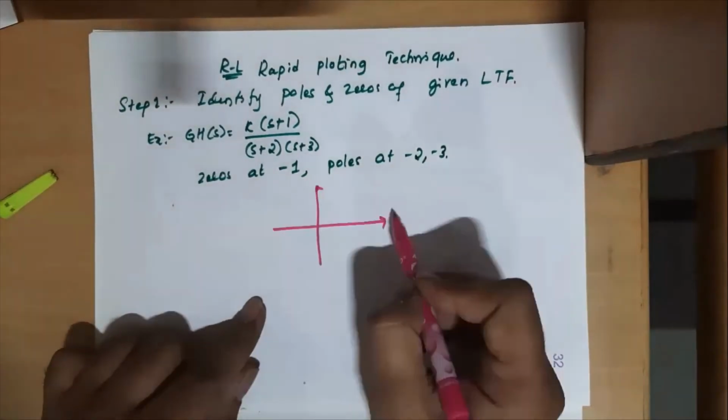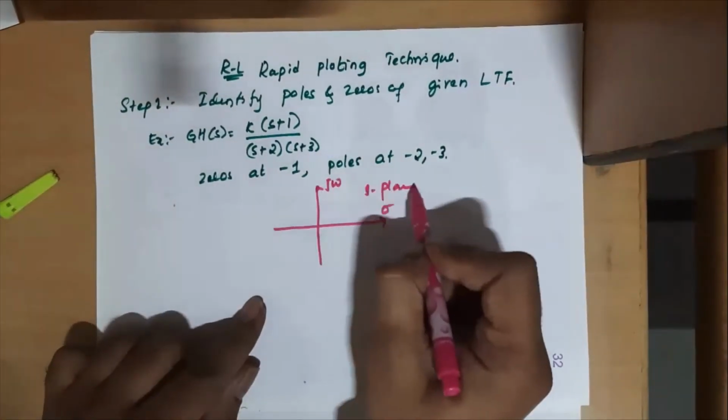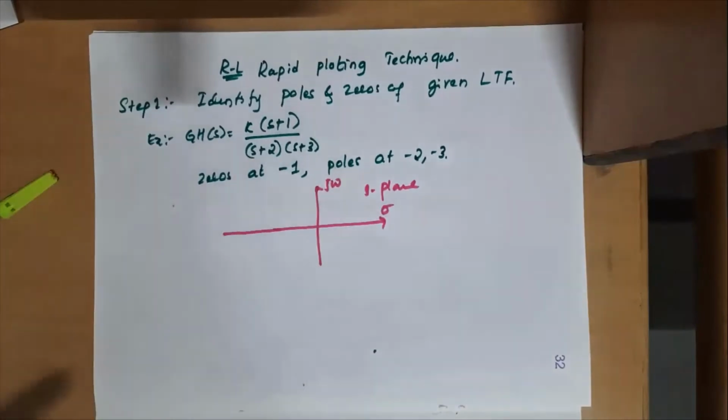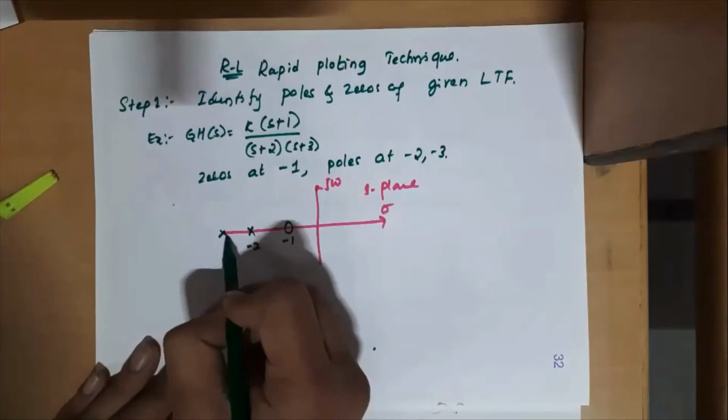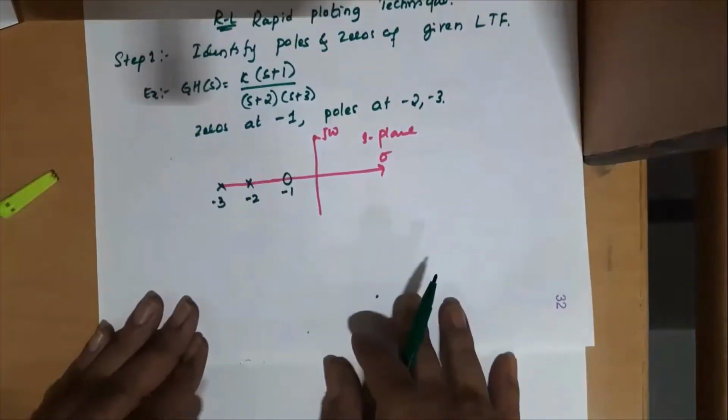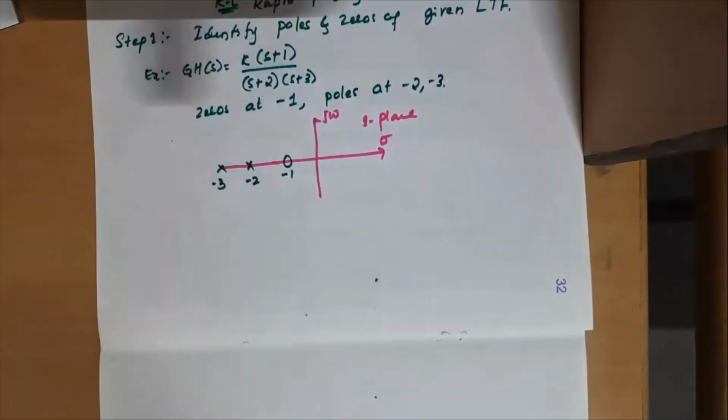So first step is to draw S-plane, then locate these poles and zeros. We know zero is represented with a small circle, poles are represented with a cross mark. So this is step 1.